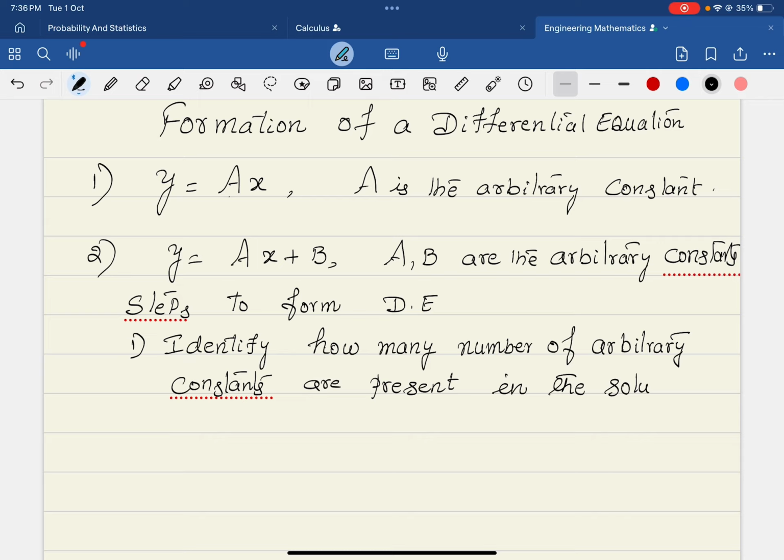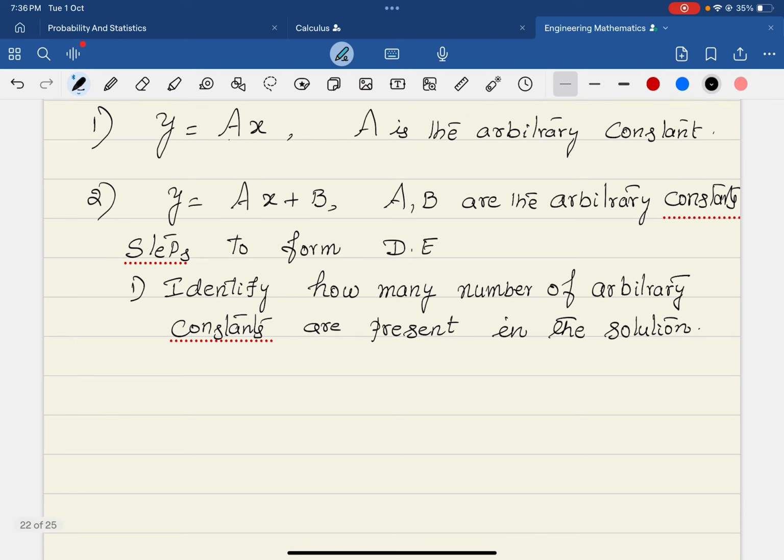These are all the solutions. In this formation, for the solution we are finding out the equation. So the first step is to count the number of arbitrary constants.